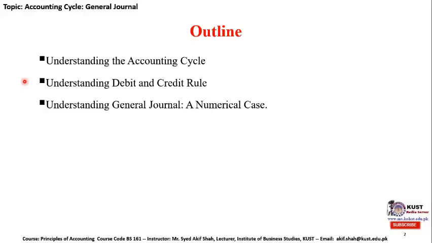This is really important and crucial for accounting students, because 95% of accounting will be based on these debit and credit rules. Finally, we'll take a numerical case to explain the proper and formal method of recording the economic transaction in the journal format.